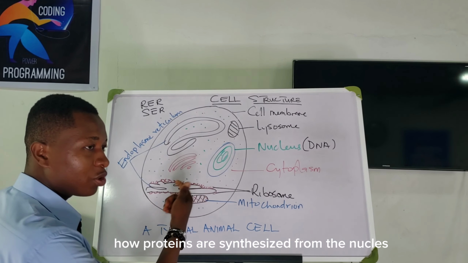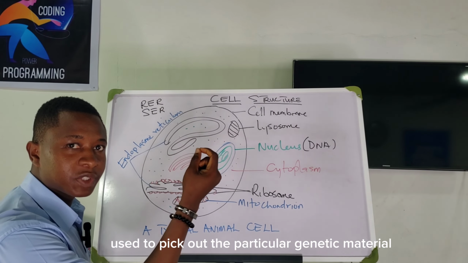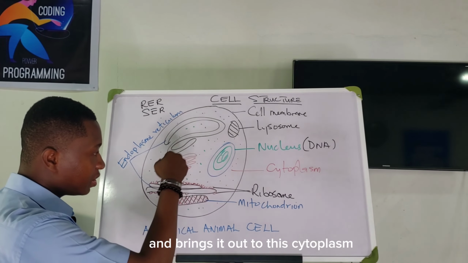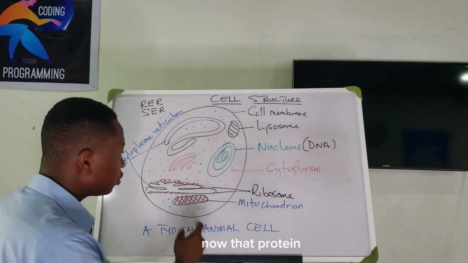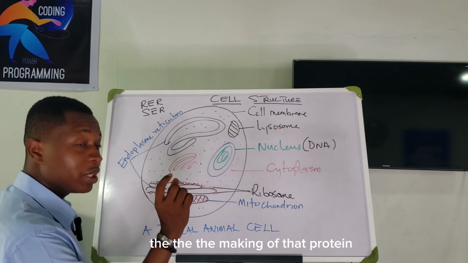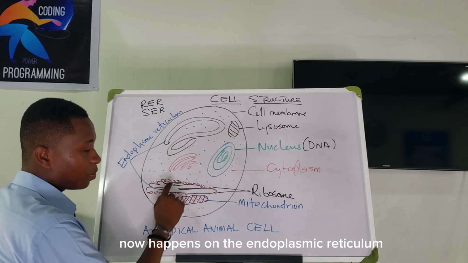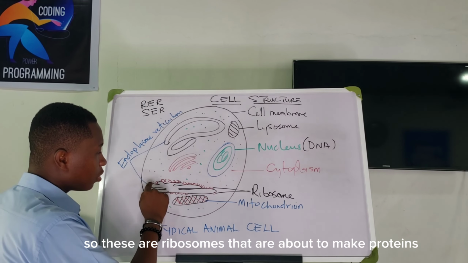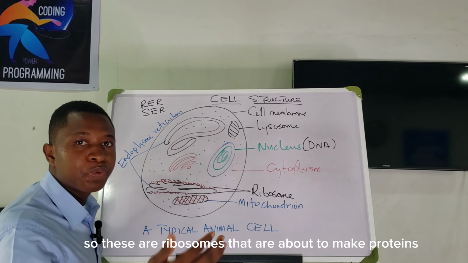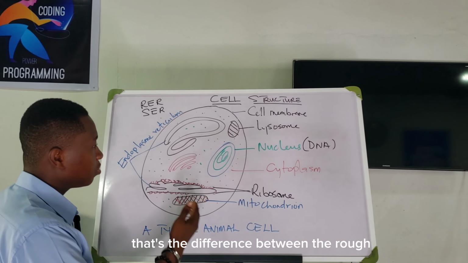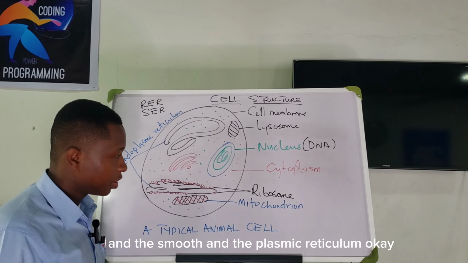From the nucleus, it goes to pick out a particular genetic material and brings it out to the cytoplasm and begins to make protein. The making of that protein happens on the endoplasmic reticulum. So these are ribosomes that are about to make proteins. So that's the difference between the rough endoplasmic reticulum and the smooth endoplasmic reticulum.